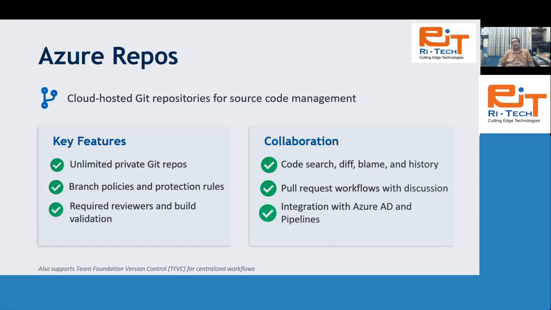Now the second thing that we have is Azure Repos or repositories, we can say. The cloud hosted Git repositories for source code management. Just like your GitHub. So GitHub is also a cloud hosted version of your Git, wherefrom you can manage the source code management.